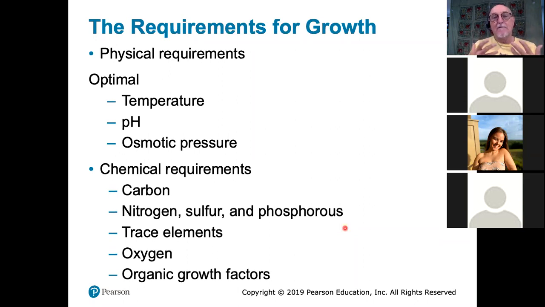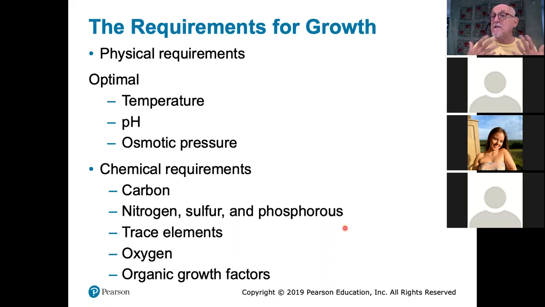Organisms also have a set of chemical requirements. We understand, first of all, that the organisms need things like carbon, nitrogen, sulfur, phosphorus, all of these sorts of things. We've talked about those, for example, in the construction of the biomolecules. So you understand why. There may be some that you have not heard about.